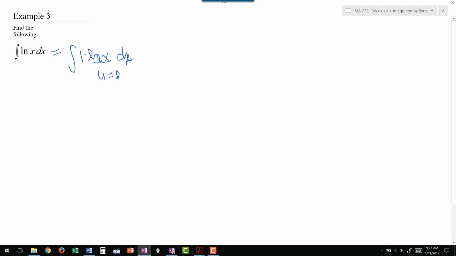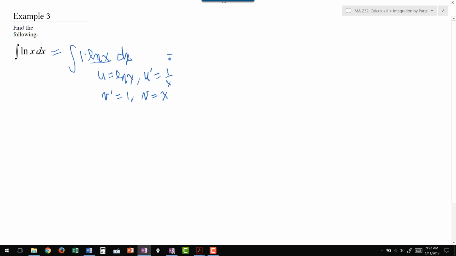So we'll let u be natural log x, which means u prime is the derivative of log x, or 1 over x. So this leaves v prime equal to 1. And so v is the integral of the constant 1, which would just be x.